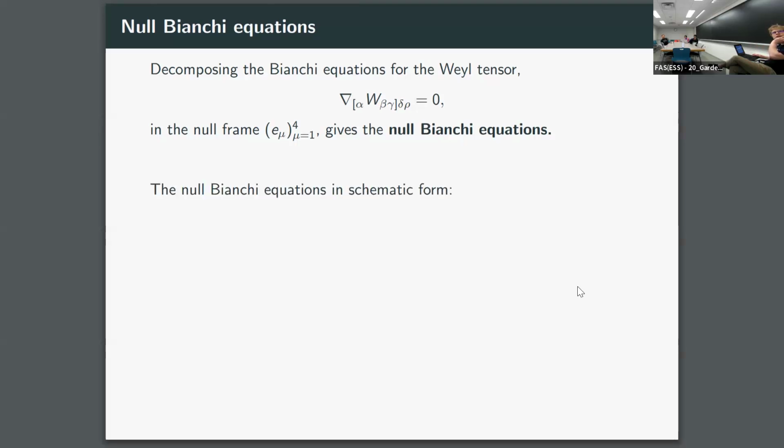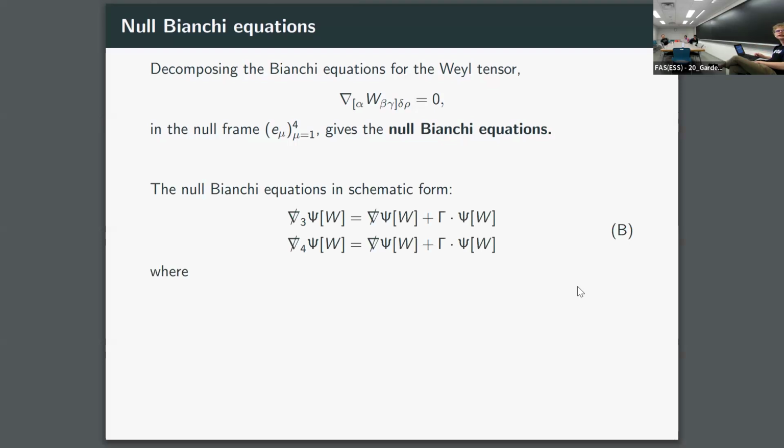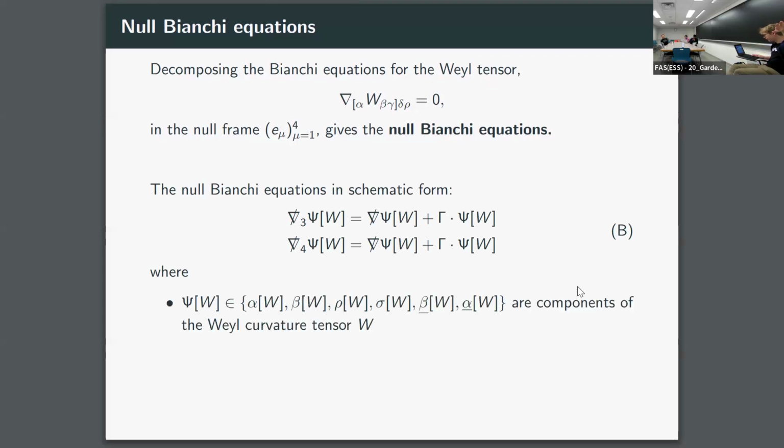Okay, so in schematic form, which I think is really useful, and in particular pretty useful for the second half of this talk, to think of them like this. The Bianchi equations take the form of two sets of propagation equations, the first in the E3 direction, and the second in the outgoing E4 direction.